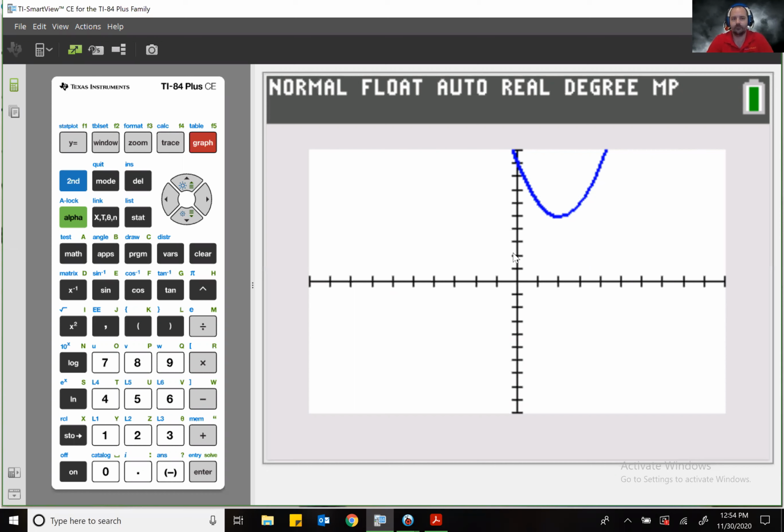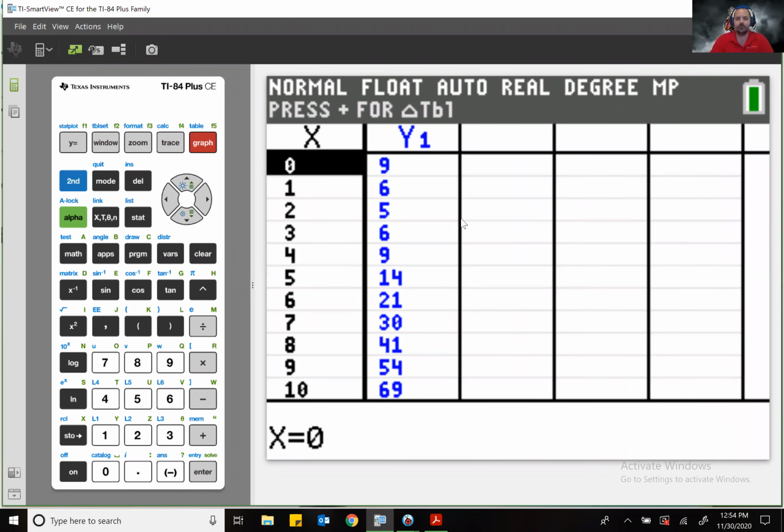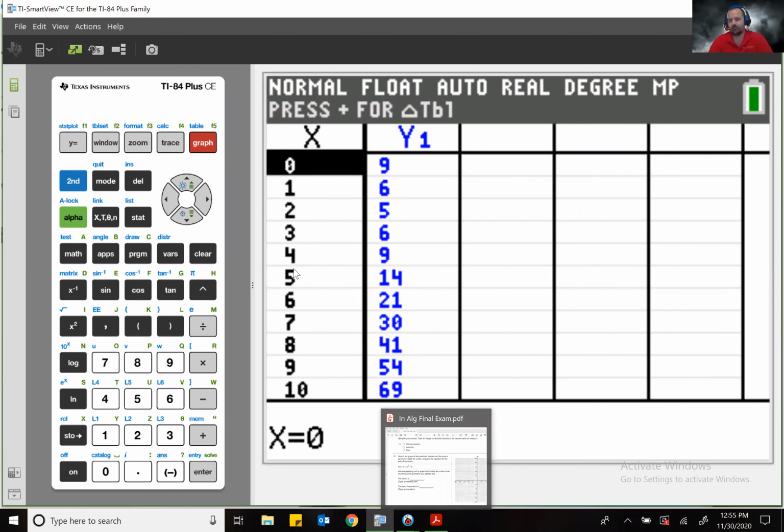The table. So just hit second graph. Here's our vertex, 2, 5. And look at all these other points that you could use. We could use 0, 9, or 1, 6, or 3, 6, or 4, 9. Just pick one of them. It doesn't matter which one you pick. We just need another point. So let's grab 0, 9.